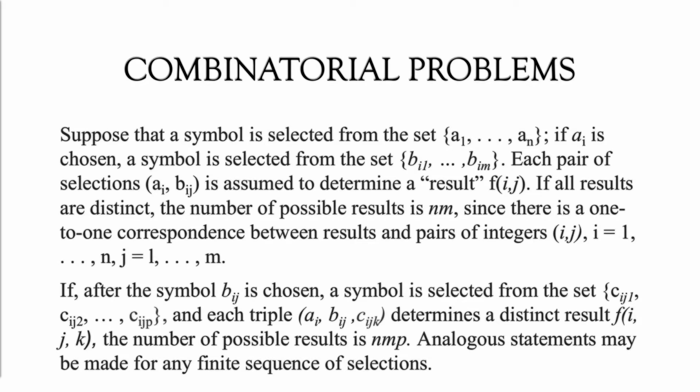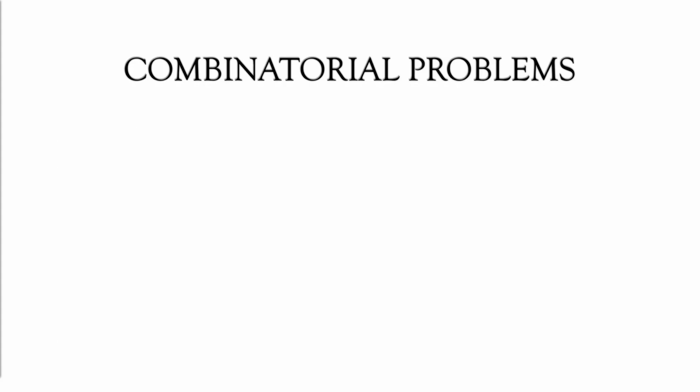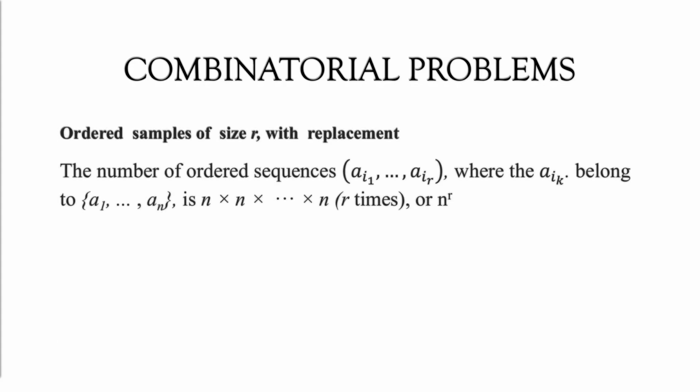Certain standard selections occur frequently, and it is convenient to classify them. Let's say a sub 1 up to a sub n should be distinct symbols. So let's have an ordered sample of size r with replacement.